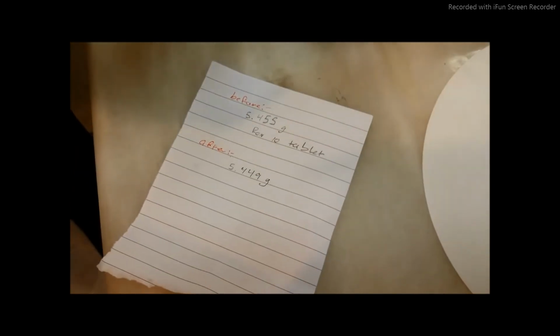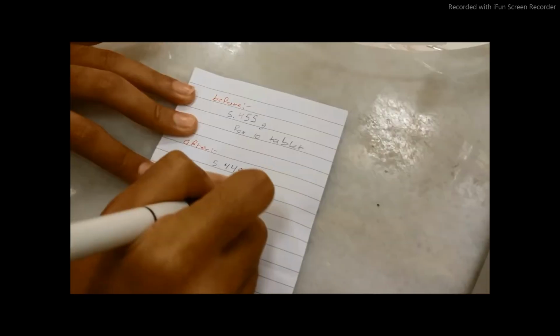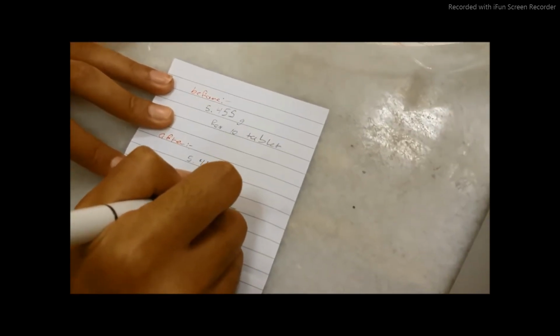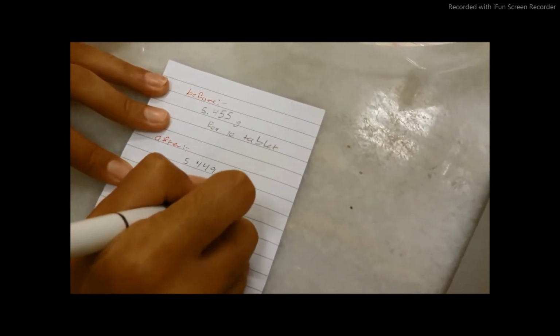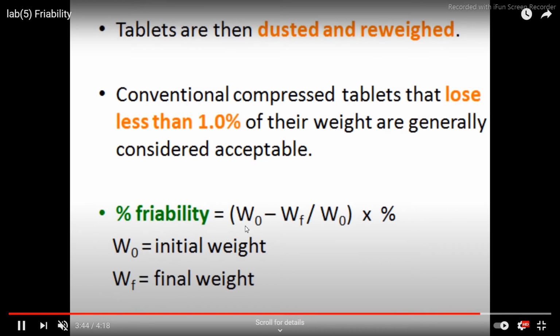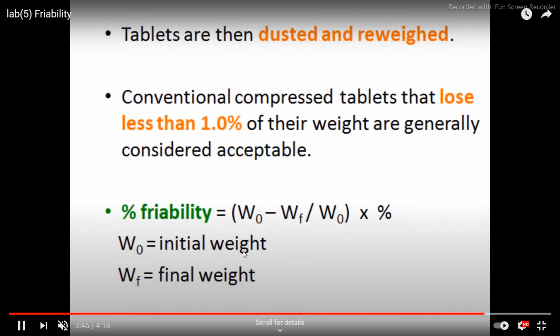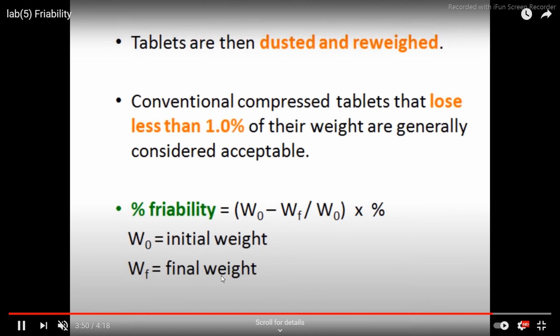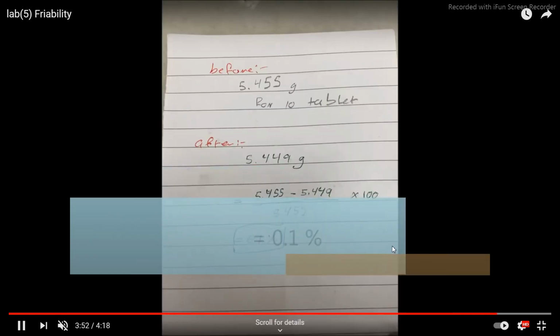Now we are going to calculate the percent friability, and the required limit is less than 1%. Percent friability equals initial weight minus final weight divided by initial weight, into 100.